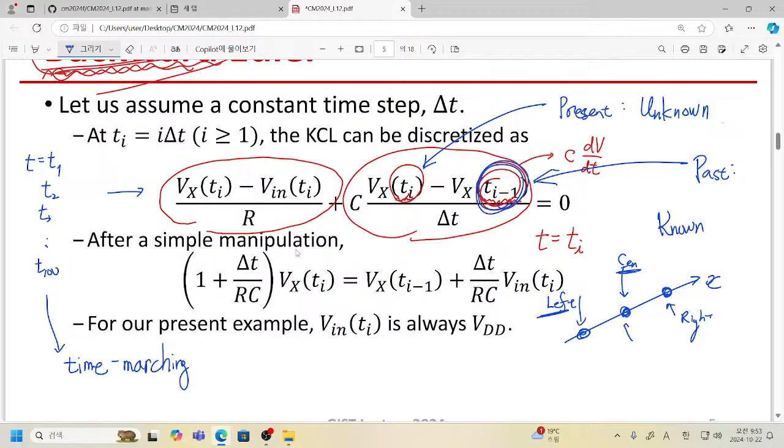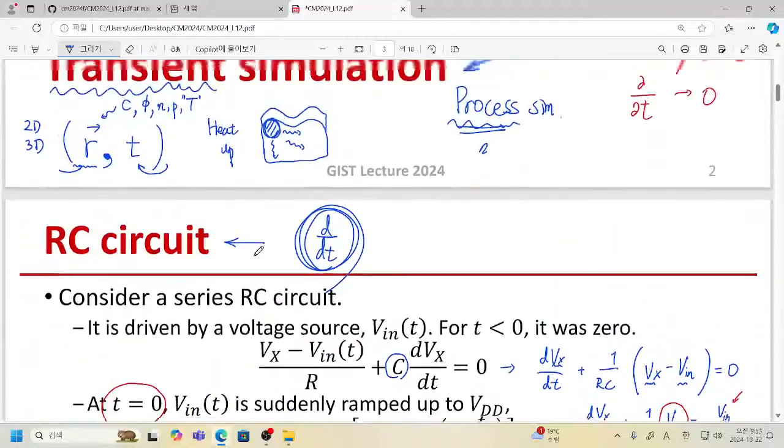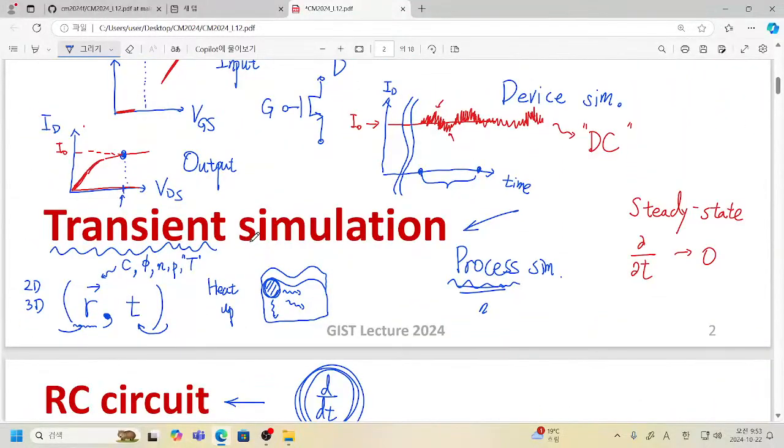So let me come back to my first slide. Here I have written down the coordinate r comma t, and although our equations depend on the position variable and time variable simultaneously, our treatment is two-fold.